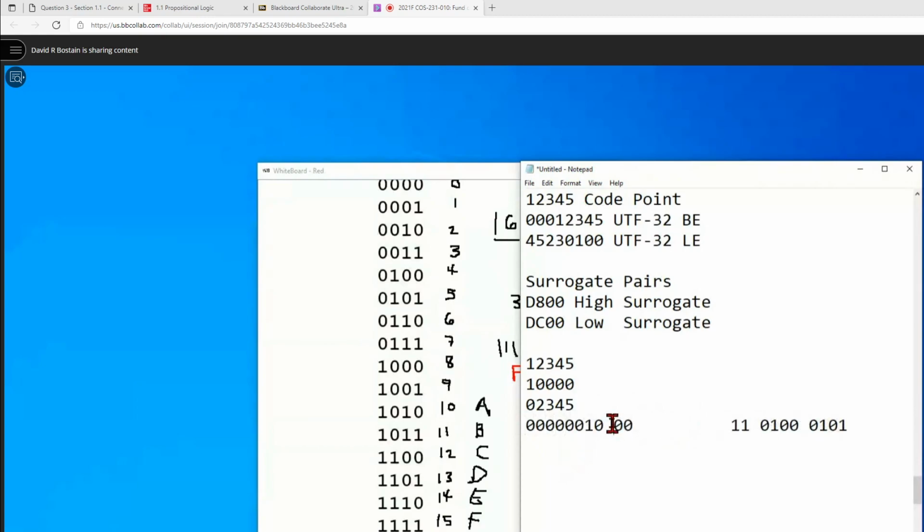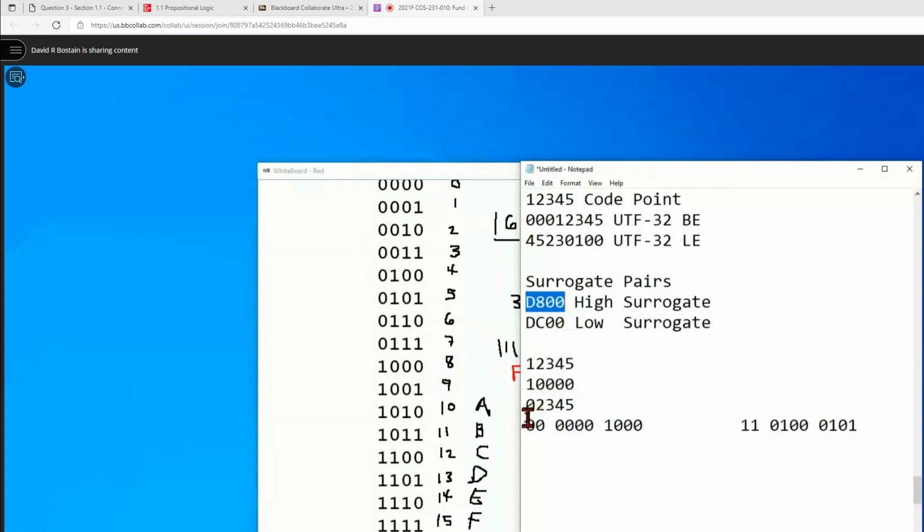Okay, now I'm going to take the spaces out of these. And then I'm going to break it into sets of 4. Now, what I have here are 10-bit numbers that are going to be added to a 16-bit number.